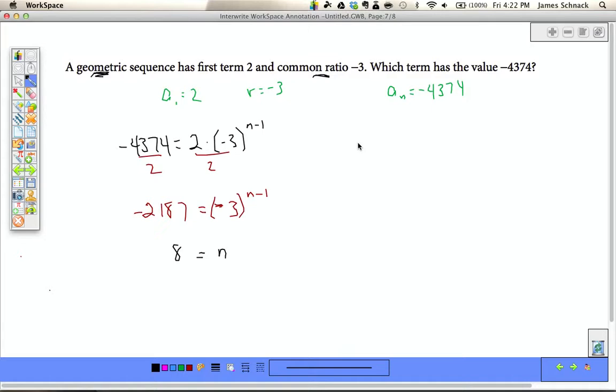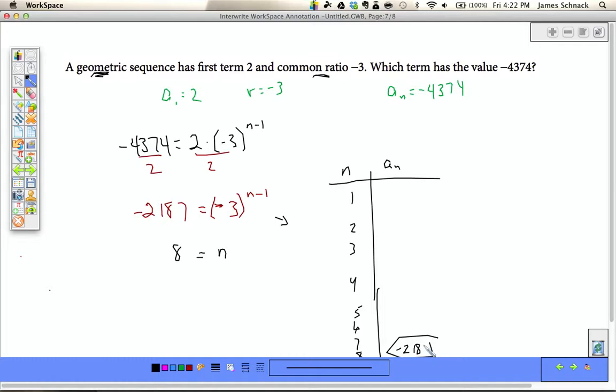It's a little bit icky to show your work for something like this, to actually produce this graph. What you probably should do, were this an IB exam, would be to reproduce your table, n and a_n, n equals 1, 2, 3, 4, 5, 6, 7, 8, and show that this is -2187.